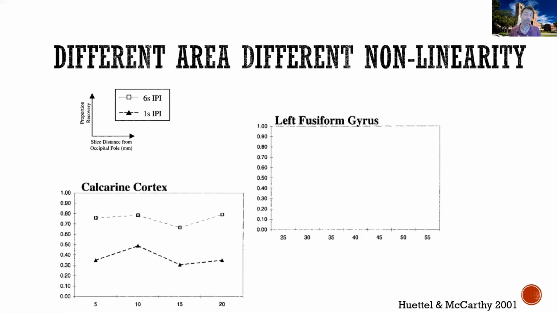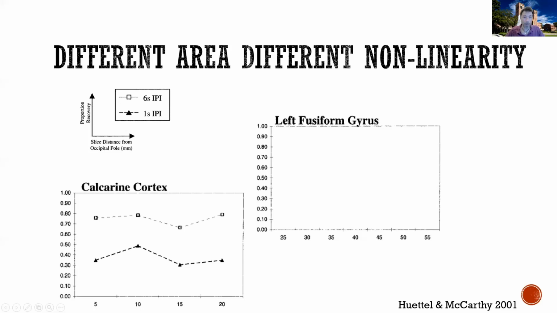You're only losing about 20% of the signal by putting trials 6 seconds apart. If, however, you put trials 1 second apart, the magnitude of the response to each trial is between 40 to 50% of what you would get if you had a single trial and then 8 to 10 seconds.